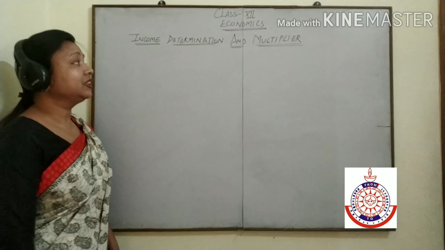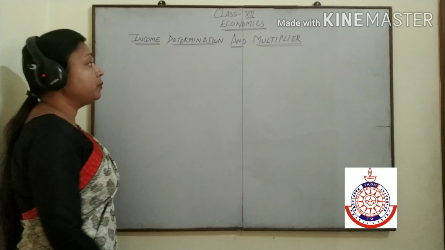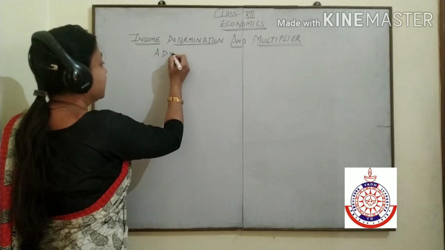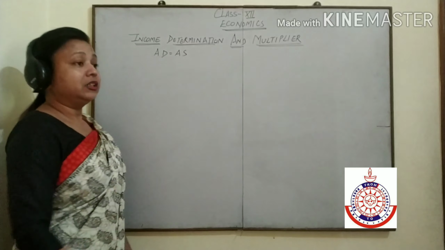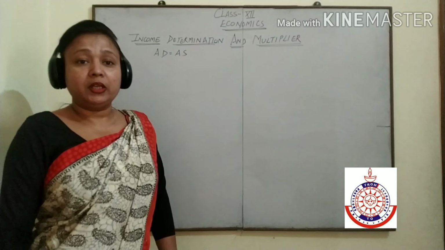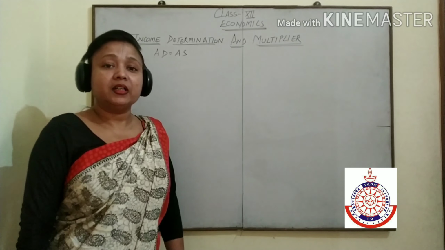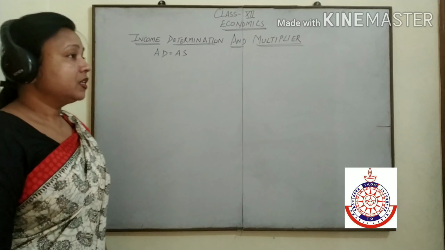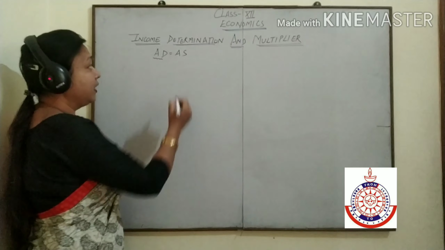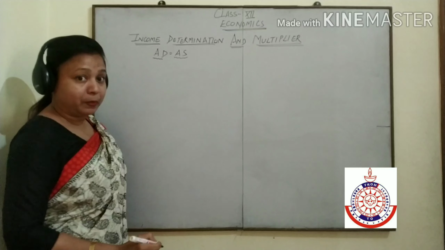Now, Keynesian says that equilibrium is only when aggregate demand is equal to aggregate supply. The equilibrium level of income is only when aggregate demand is equal to aggregate supply. Now, who will do the demand and who will do the supply?